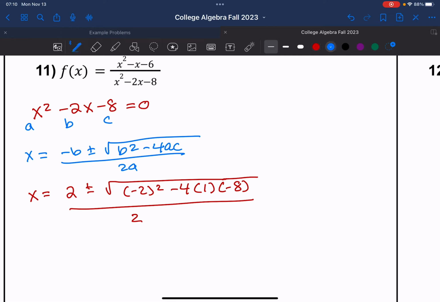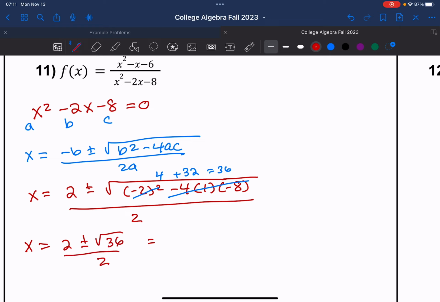From here, you always simplify the discriminant first. Remember, the discriminant is what is inside the square root. So negative 2 squared is 4, and negative 4 times 1 times negative 8 is a positive 32. If we add 4 plus 32, we get 36. Is that a perfect square? Yes. That means we have x is equal to 2 plus or minus the square root of 36 over 2.